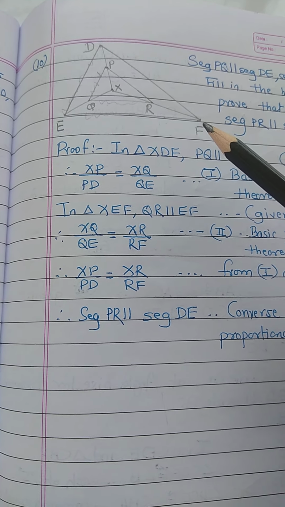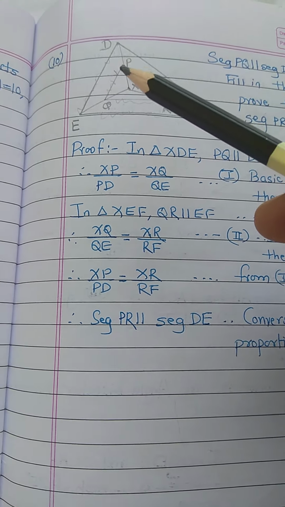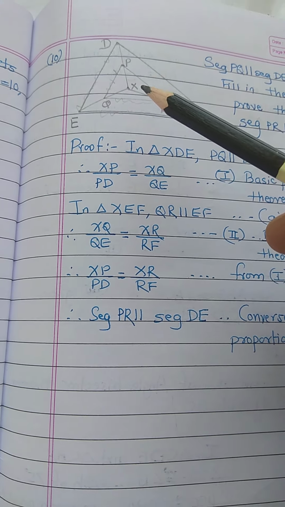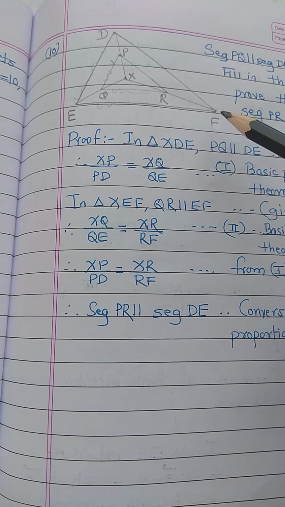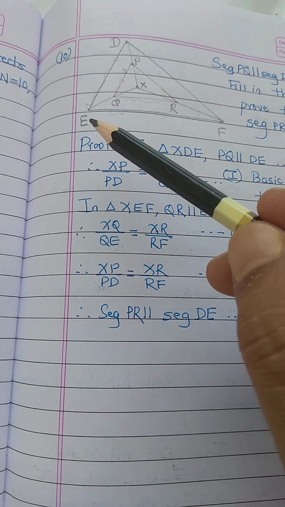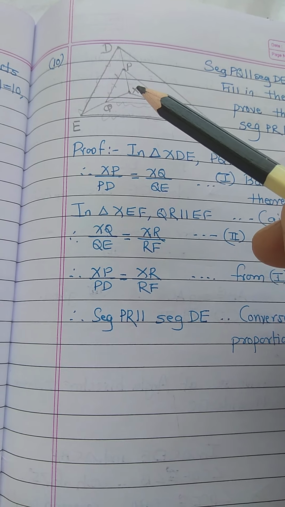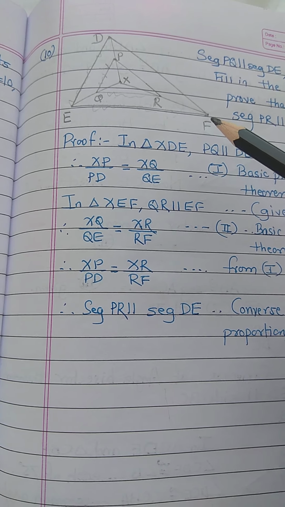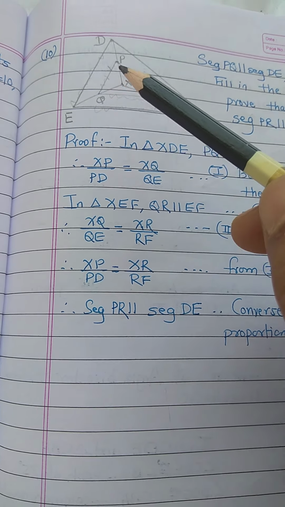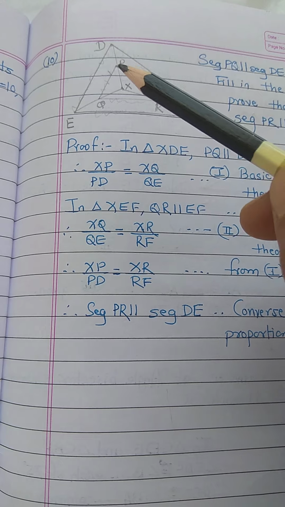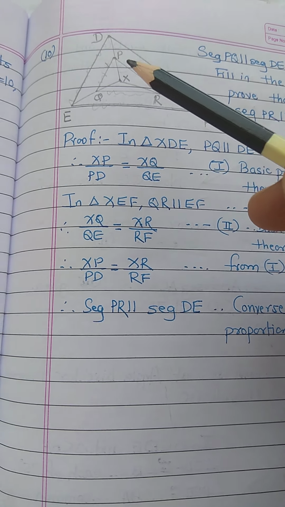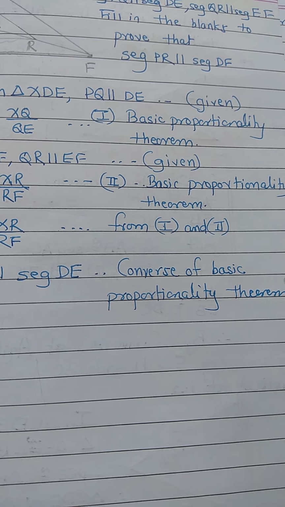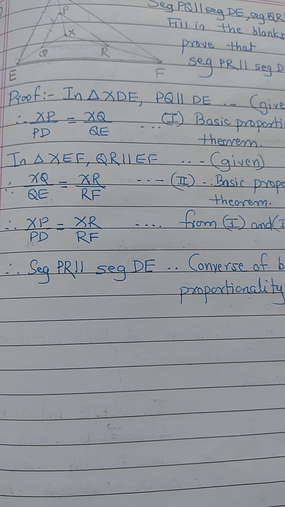In both triangles, we can apply the basic proportionality theorem. That means XP upon PD should be equal to XQ upon QE. Similarly, XR upon RF is equal to XQ upon QE. Therefore, XP upon PD will become equal to XR upon RF because both are equal to XQ upon QE. As these two ratios are equal, therefore PR is parallel to DF by the converse of the basic proportionality theorem.